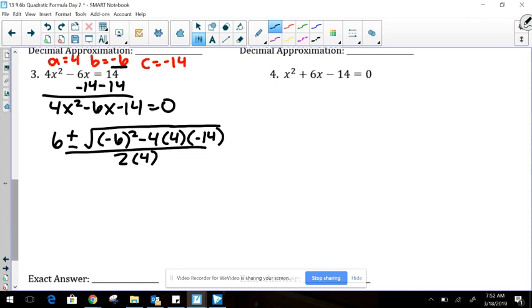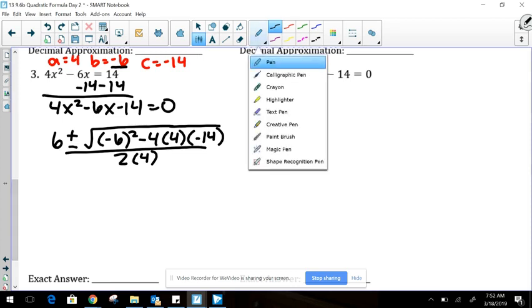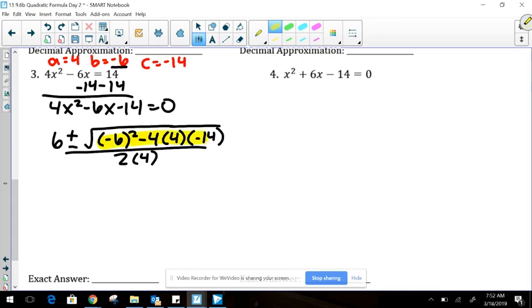Okay, so now I need to type this part in my calculator with the parentheses. Once you type that in, you should get 260. All right, and then I still have my 6 plus or minus, and 2 times 4 is 8.